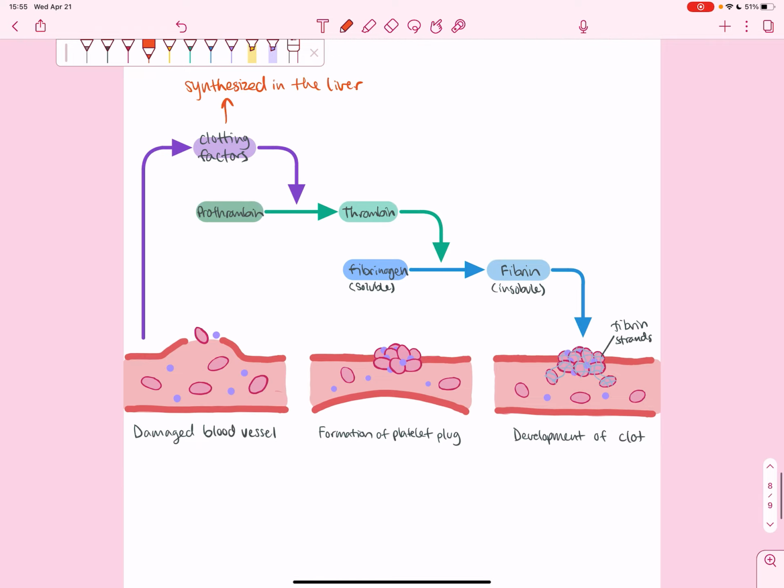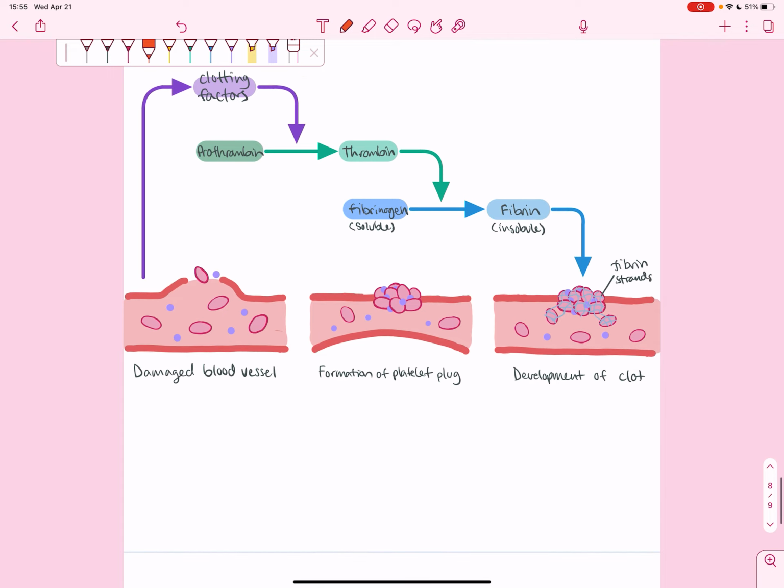And then something else is that clots, I'll write down here. Clot is broken down by plasmin.